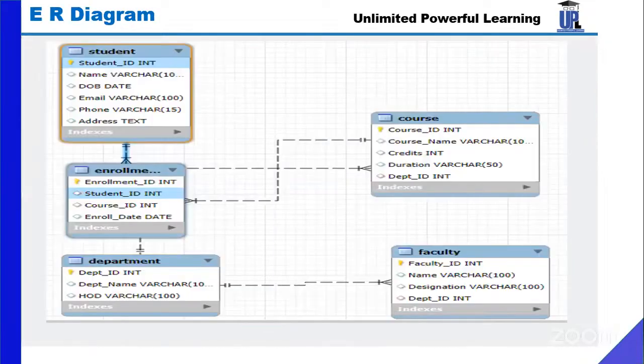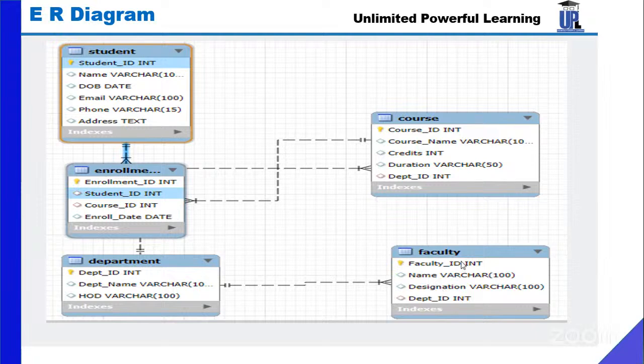For example, if you have a student ID, it is a primary key. If you have a department table with department ID, department name, and HOD for a department. Now, if you want to refer to faculty, a faculty member works for a particular department. I have given all the faculty information: faculty ID is a primary key, faculty name, faculty designation.